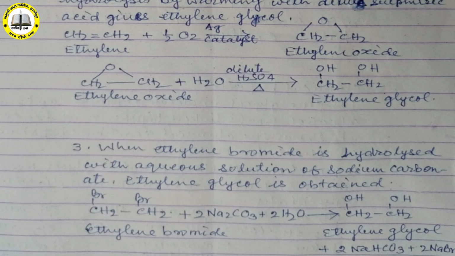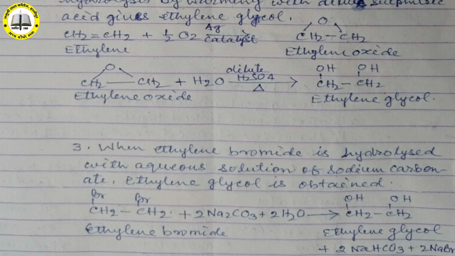CH2Br-CH2Br plus 2Na2CO3 plus 2H2O gives CH2OH-CH2OH plus 2NaHCO3 plus 2NaBr. Here CH2OH-CH2OH is ethylene glycol.